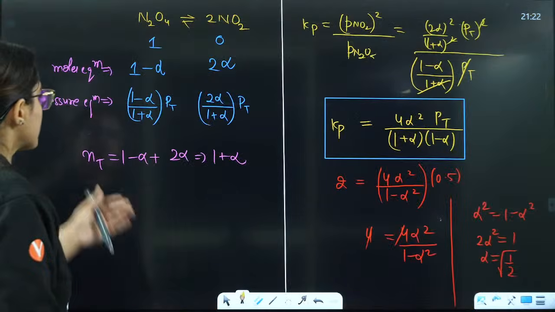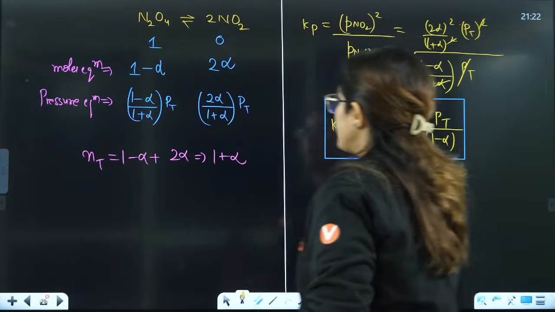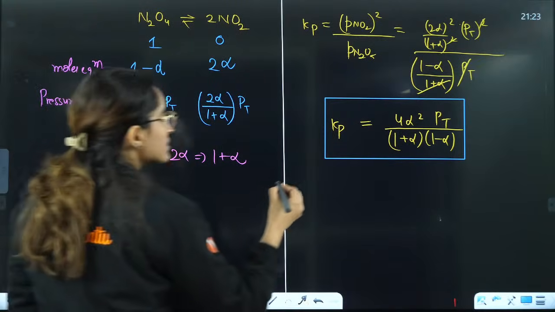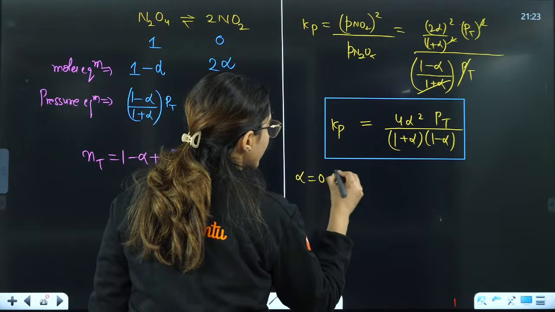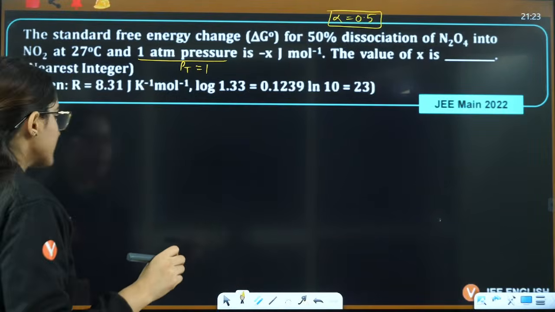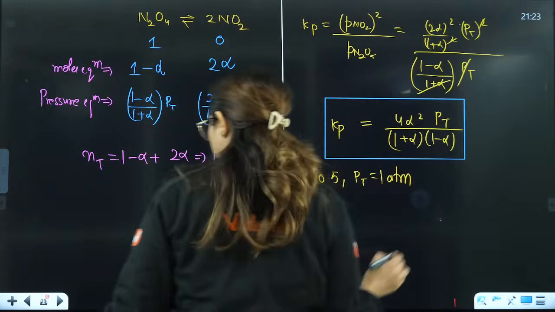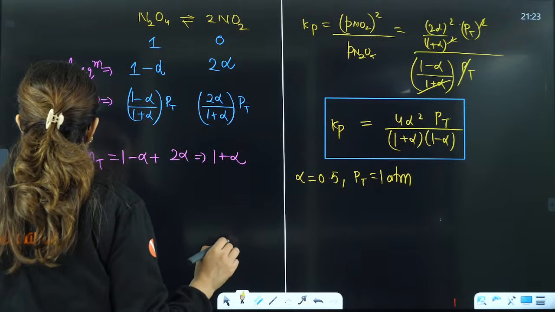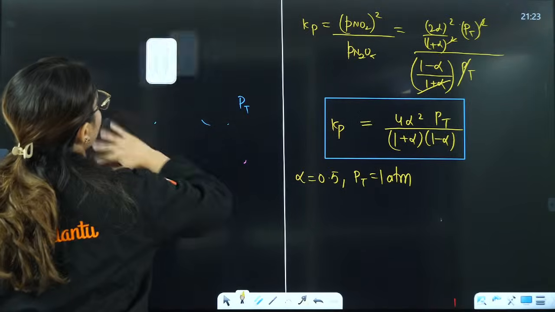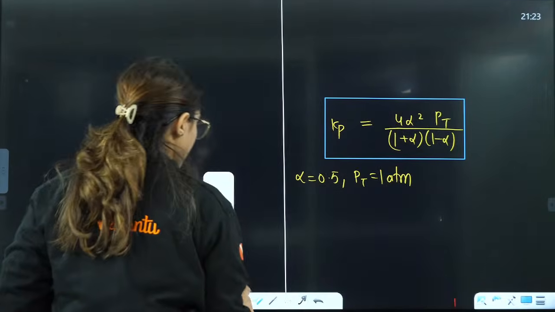So till here this is the same. PT is not given to be the same, but here alpha is given to be 0.5 and PT was given to be 1 atmosphere, right? Now let's solve the value of Kp.